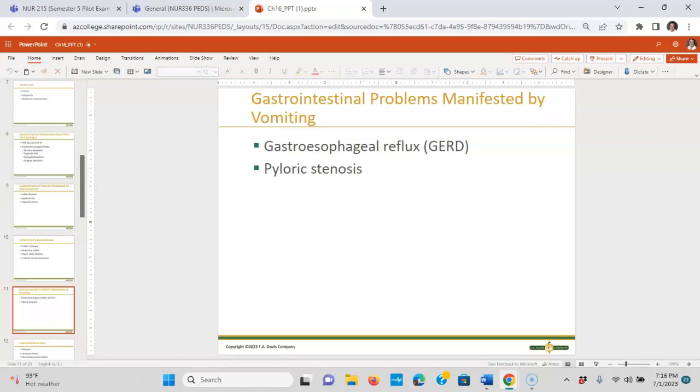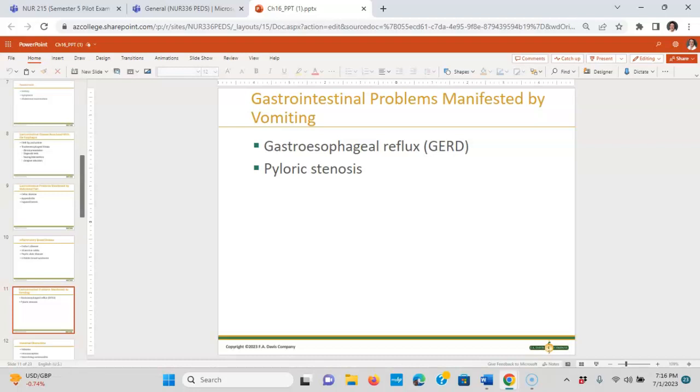Could have Reglan. Proton pump inhibitors. On the proton pump inhibitors, Prevacid, things like that, could be opened and sprinkled on food. If it's truly severe, we could do a Nissen fundoplication.